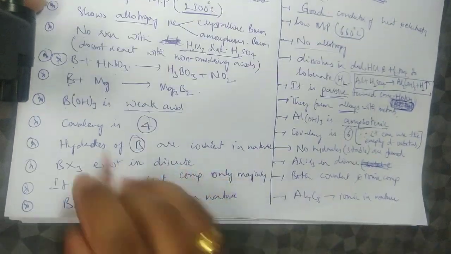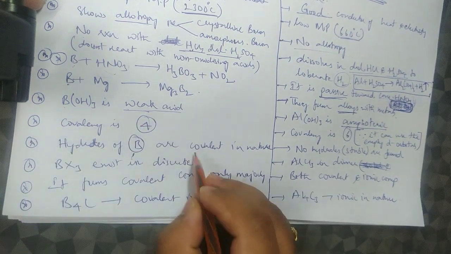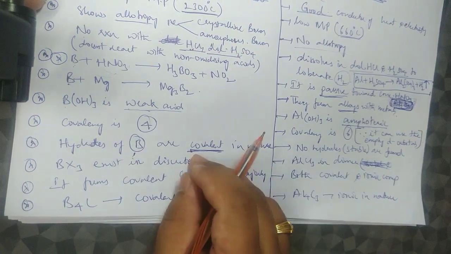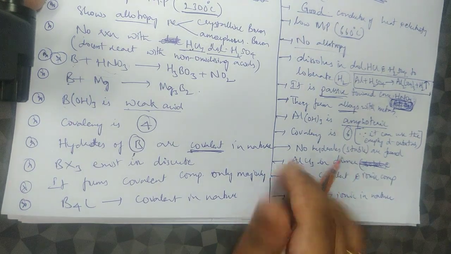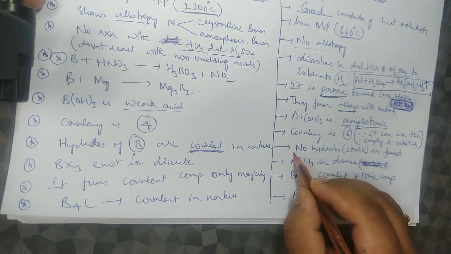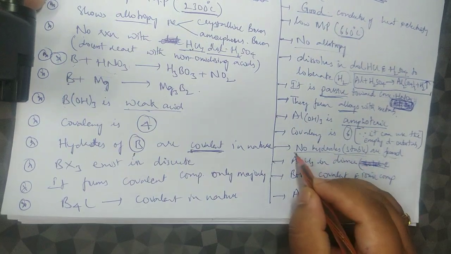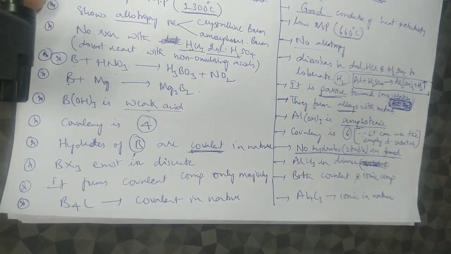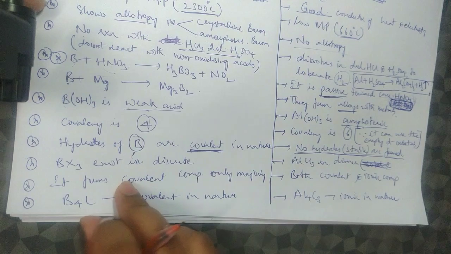Then hydrates of boron, what is the nature of hydrates of boron? The hydrates of boron are all covalent in nature, whereas aluminium hydrates are very much less stable. In other words, no stable hydrates are formed. So that is one of the differences between the hydrates of boron and hydrates of aluminium.